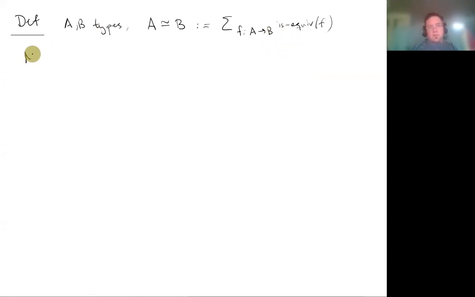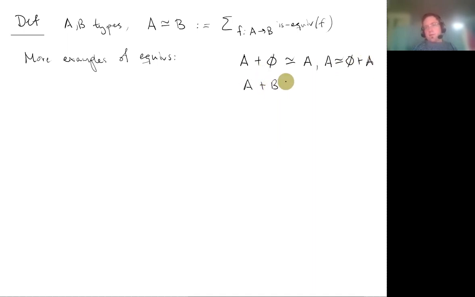And then you have more examples of equivalences, where now I'll use this tilde equals symbol. So you have things like, if you have any type A and you take the disjoint union with the empty type, you can make an equivalence from that to A. And likewise, A is equivalent to A plus the empty type, putting the empty type on the other side.